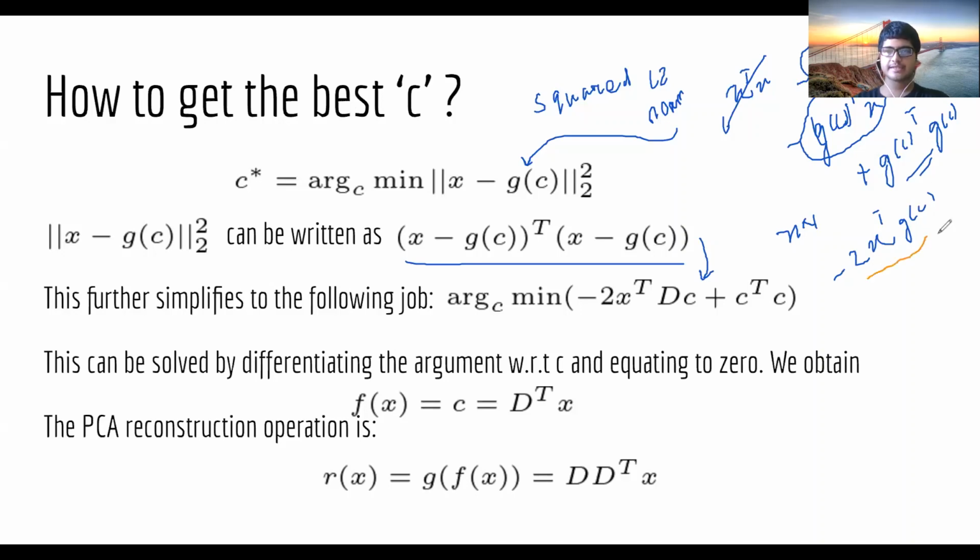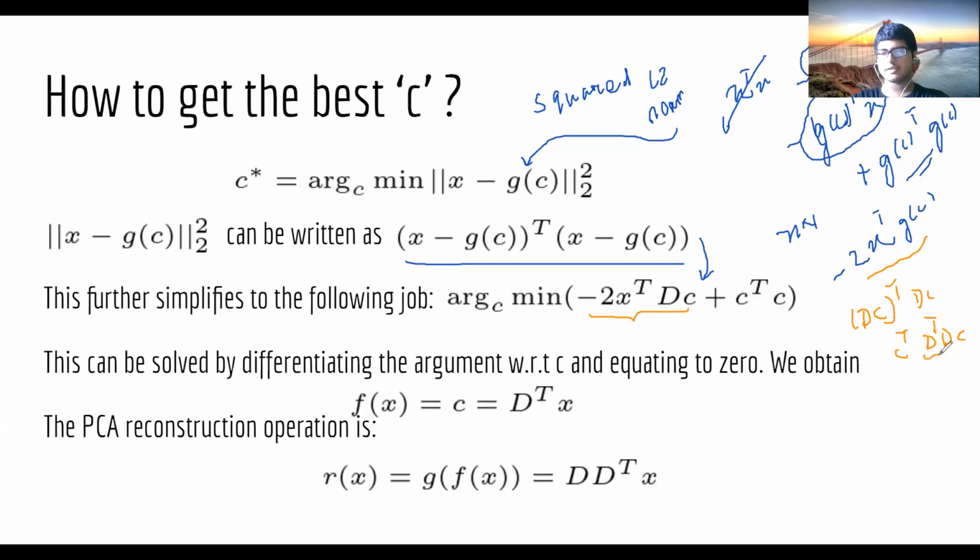Now let us use the fact that we have decoding gc as D into c. So this is x transpose Dc, and that is what we obtain here. Fine. And this is Dc whole transpose Dc, so this is c transpose D transpose Dc.